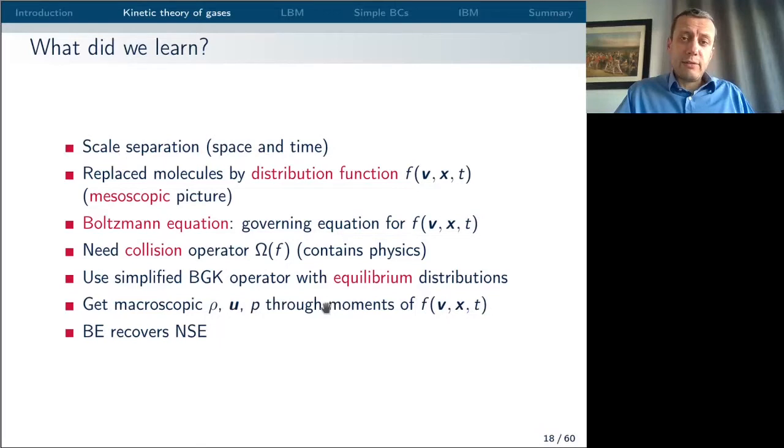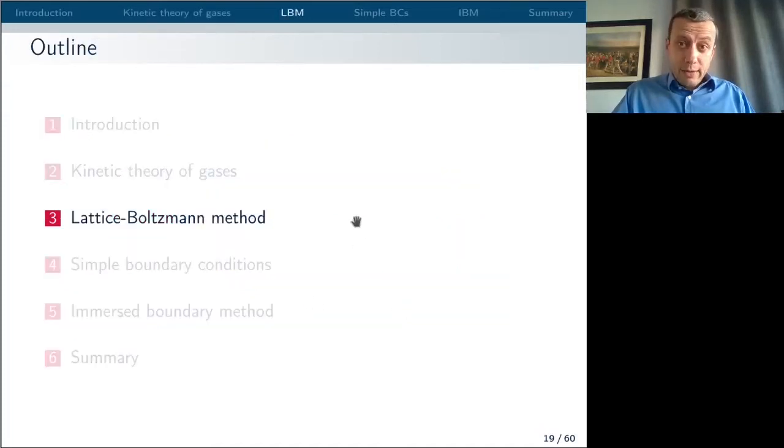It's basically velocity moments and integrals over f. And what is important to know is that if you do it properly in the right limit, then the Boltzmann equation recovers the Navier-Stokes equation, which means we can actually use a Navier-Stokes solver that is not directly discretizing the Navier-Stokes equation, but that is rooted in the Boltzmann theory. And that is exactly what Lattice Boltzmann does.